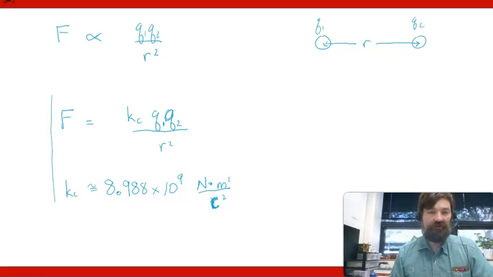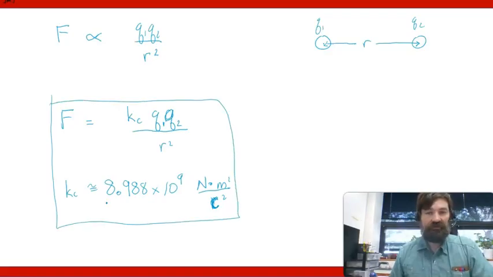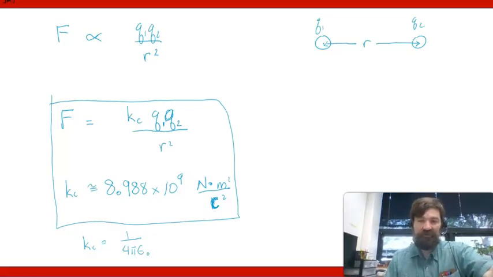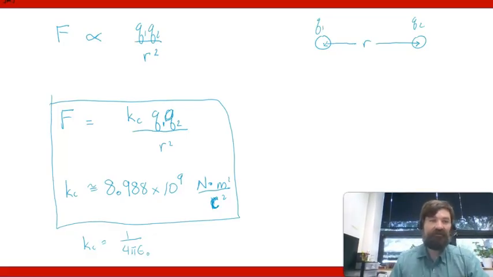So this right here is what's known as Coulomb's law. We'll later introduce another constant called permittivity of free space, such that K sub C is 1 divided by 4 pi times the permittivity of free space. But that's really for another video lecture. A lot of textbooks will introduce this constant right away. I will be introducing it in a future lecture.